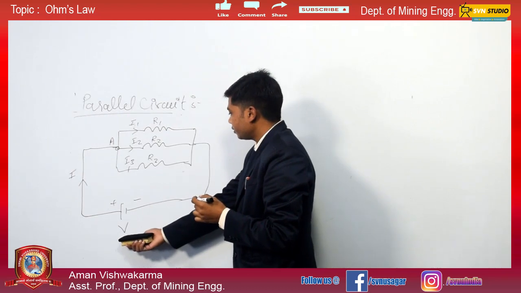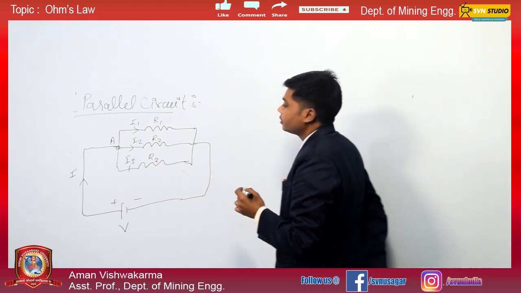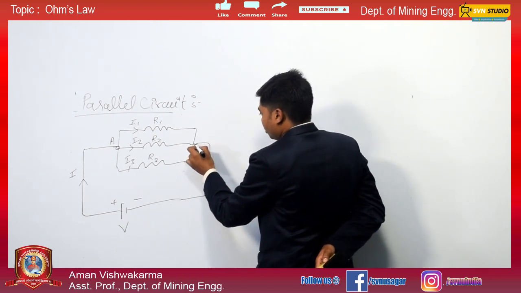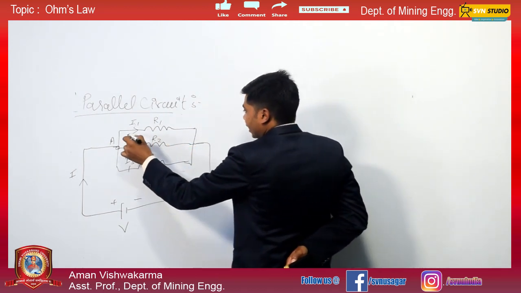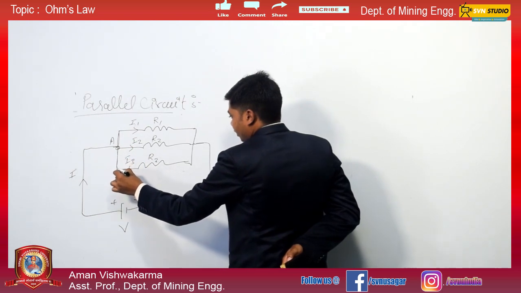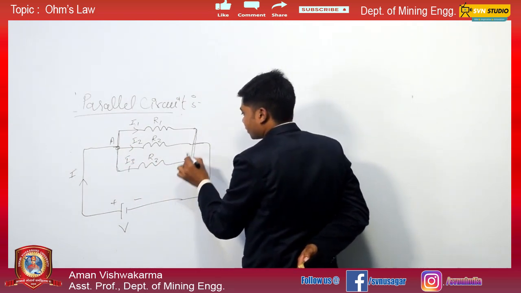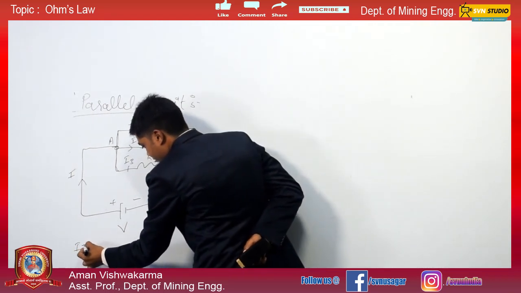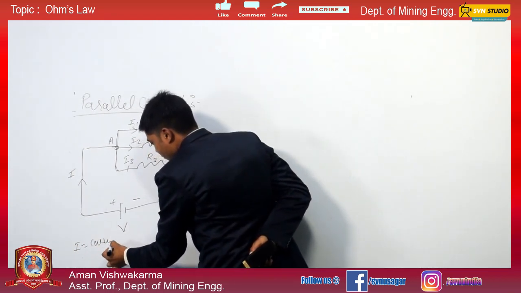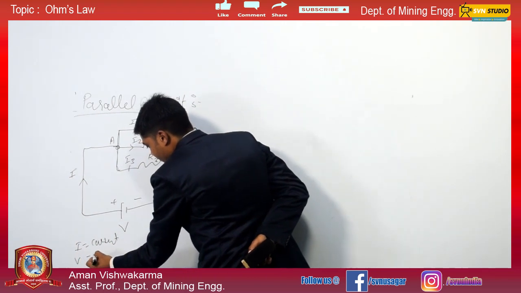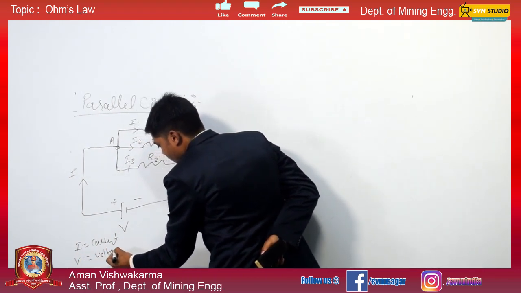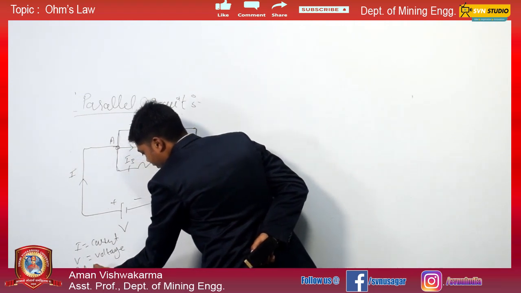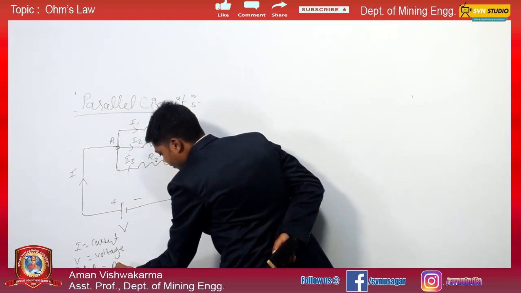And voltage V will be the same in all three resistances. So, here we can write that I is current, V is voltage and R1, R2 and R3 are resistances.